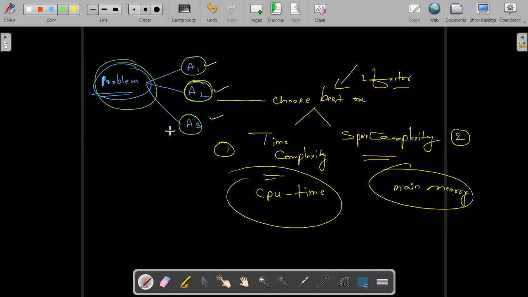The best one is the one which takes less time to execute. In that, we have to identify time complexity as well as space complexity. These are the two factors you have to focus on. Clear, guys?